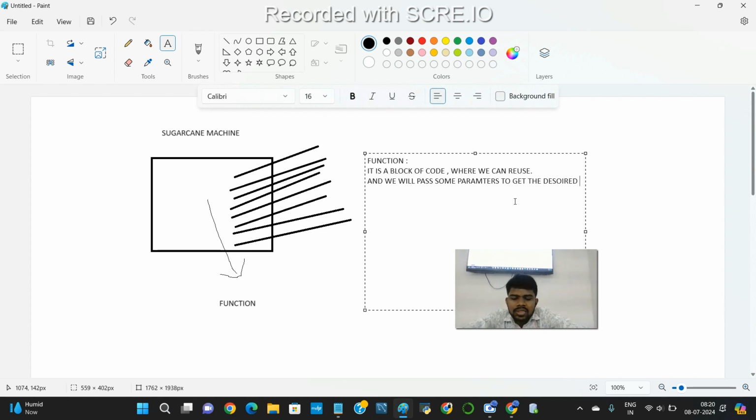This is the concept of functions, which is similar to the sugarcane juice example. Indeed, we can use anything, but for easy understanding, I explained this. So this is the main thing.